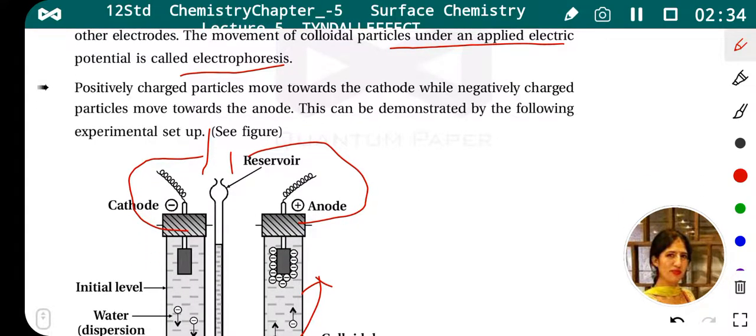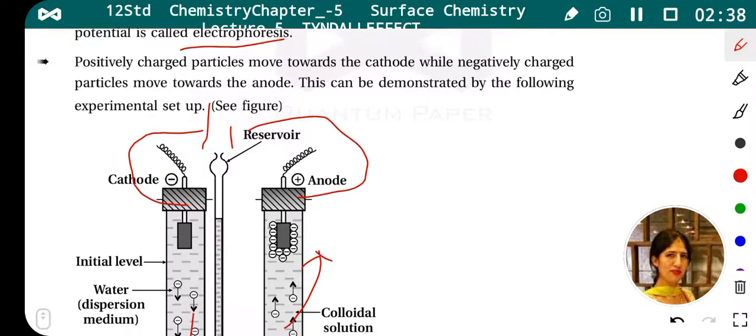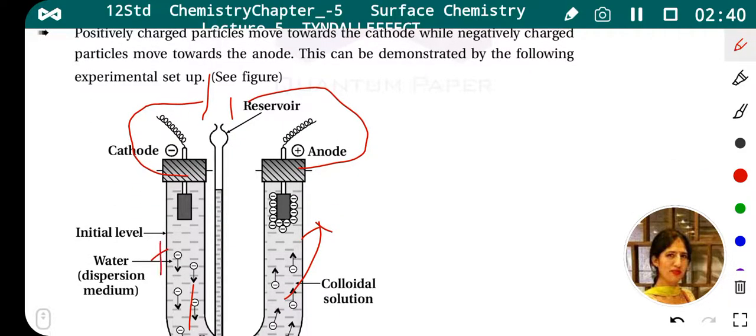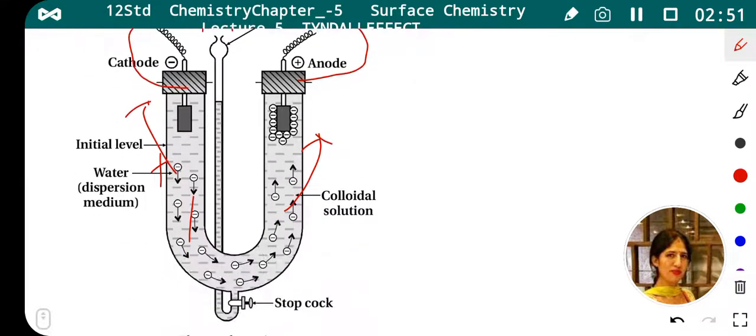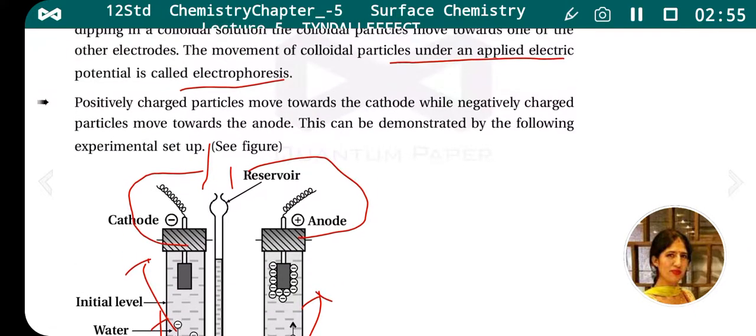If the colloidal solution is positively charged, the positive particles move towards the cathode. If the colloidal solution is negatively charged, the particles move towards the anode. Hope this is clear.